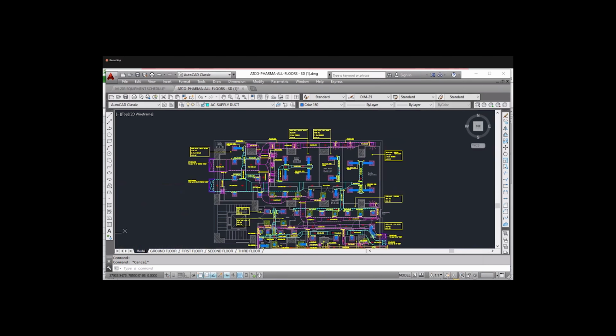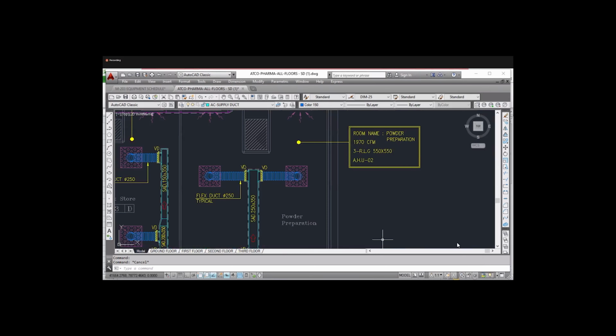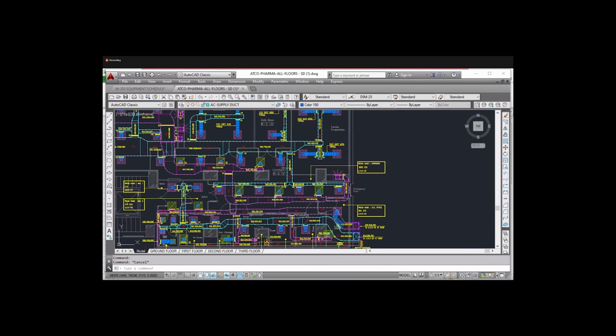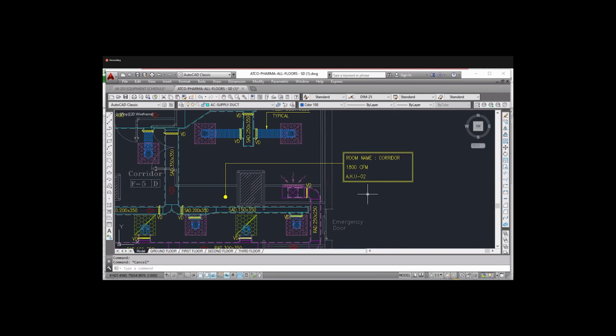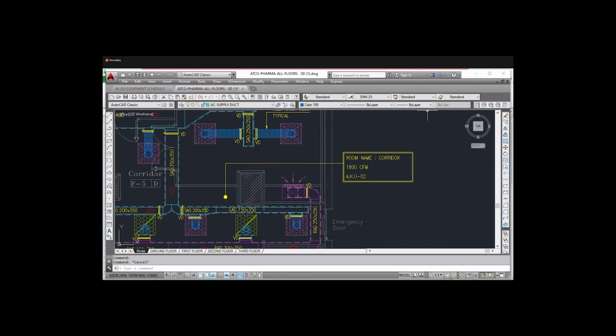It's supplying to this room also, no? So what is it, 1970 again? So plus 1970, and then the last room, this room also it's providing, no? The supply duct is here. So what is the CFM? 1800 plus 1000. So 9370 is our total CFM of the AHU.